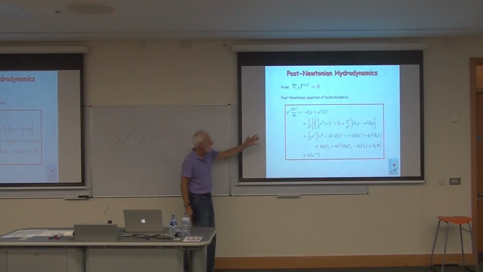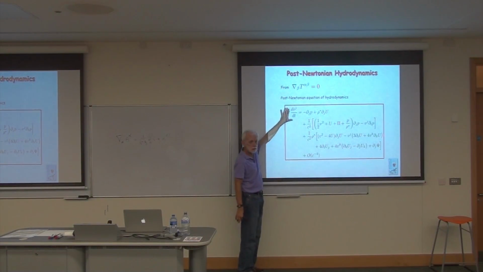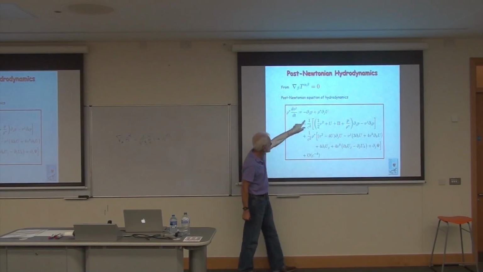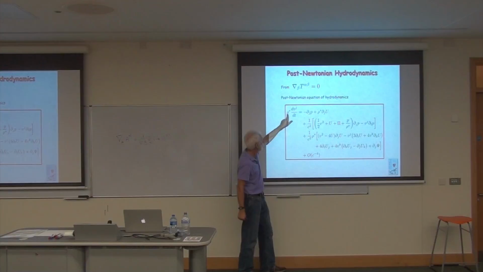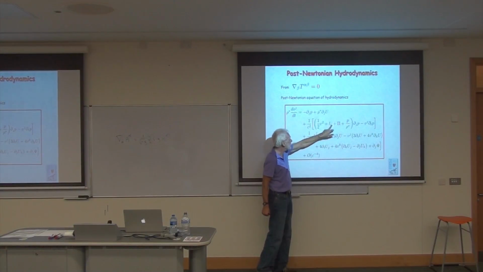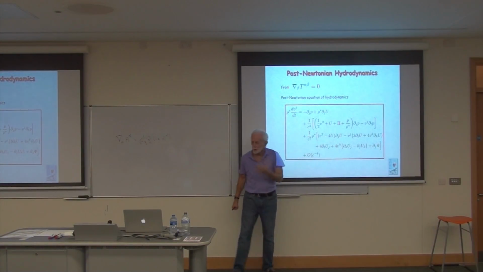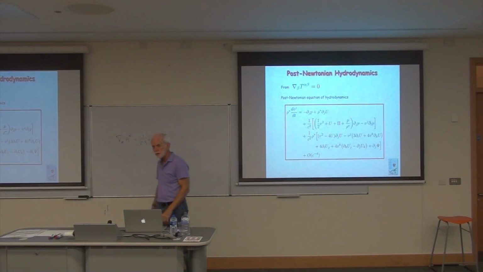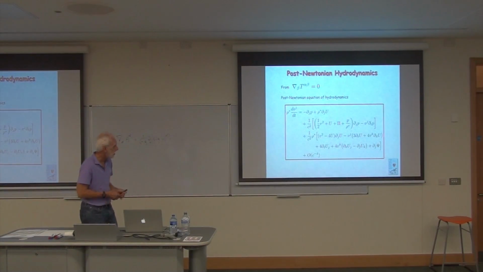So the first line, of course, is our old Newtonian equation of hydrodynamics, Euler's equation. Notice it's written in terms of this conserved density rho star. And all these potentials are defined using rho star because that satisfies the continuity equation that we defined based on baryon number conservation.